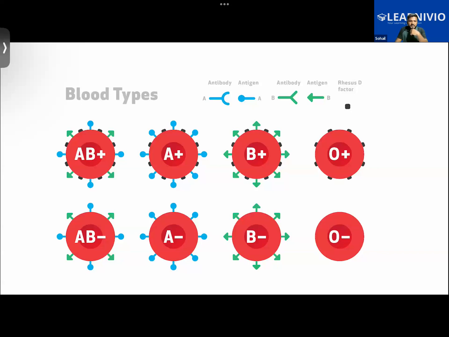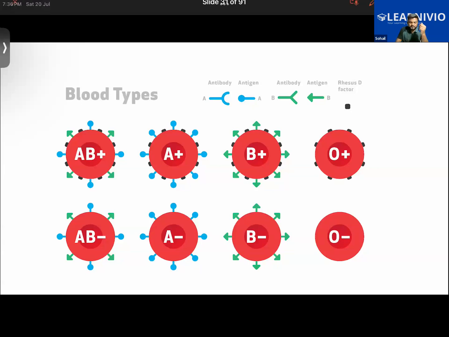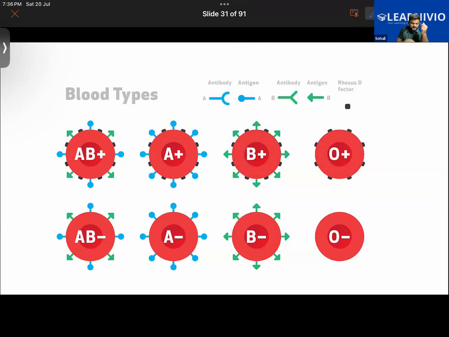Now, just look at this. For example, compare these two images. Compare the images in the first column. This one, AB plus and AB negative. Do you find any difference in the two? Do you guys observe any difference?